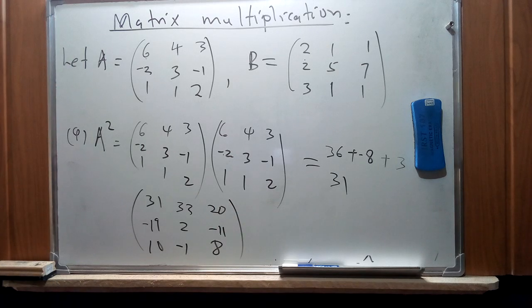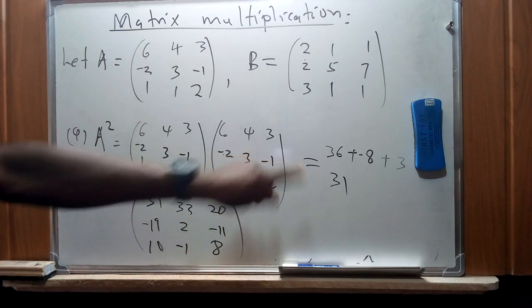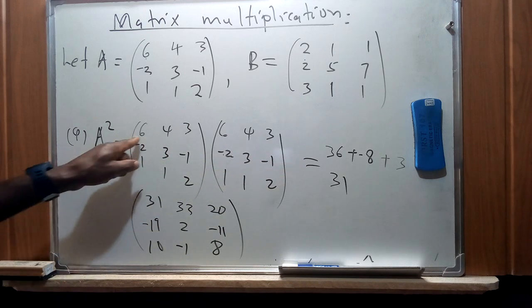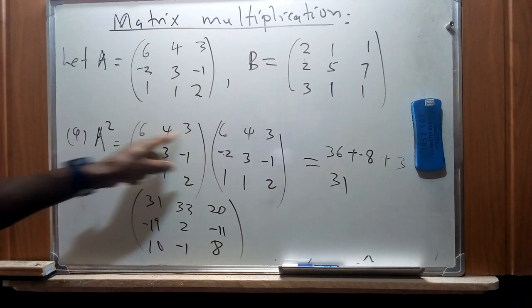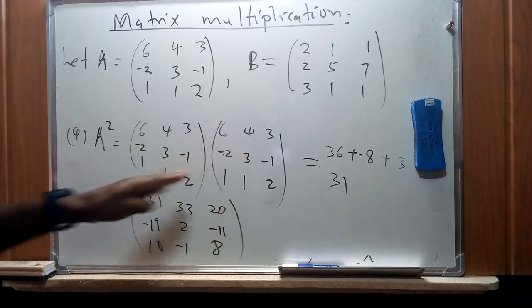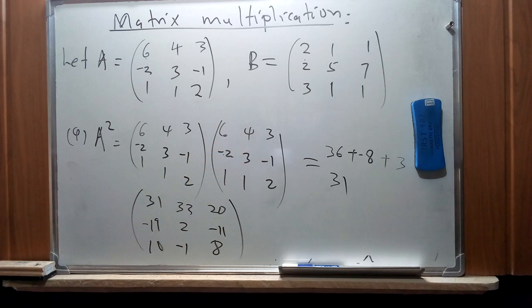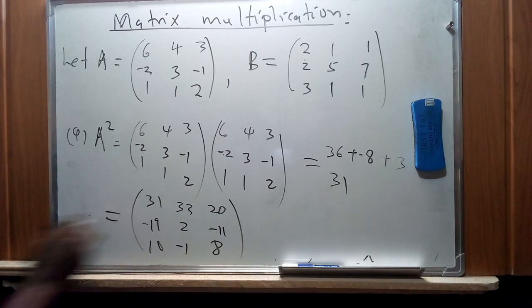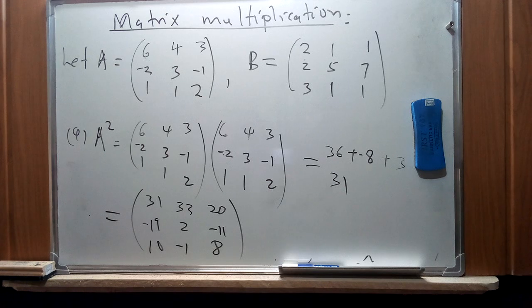This one, of course, we can just do using the first illustration that I've given, by multiplying the first row and the first column, and then following that specific order, the first and the second, the third and the last, so that we come up with that kind of answer. That's for A times A, A squared, to give us that kind of answer.